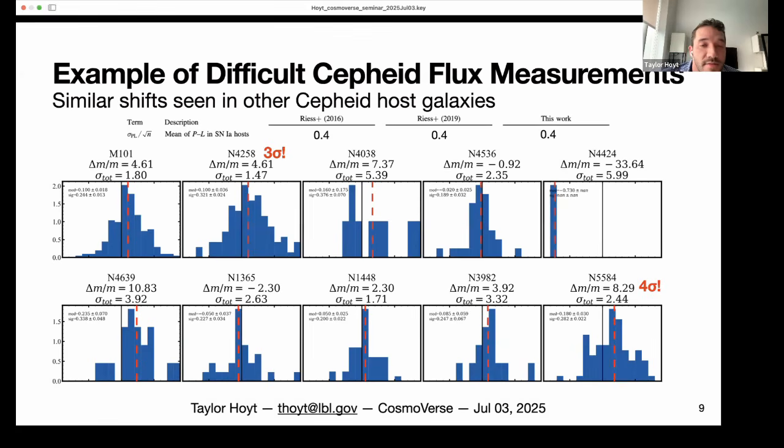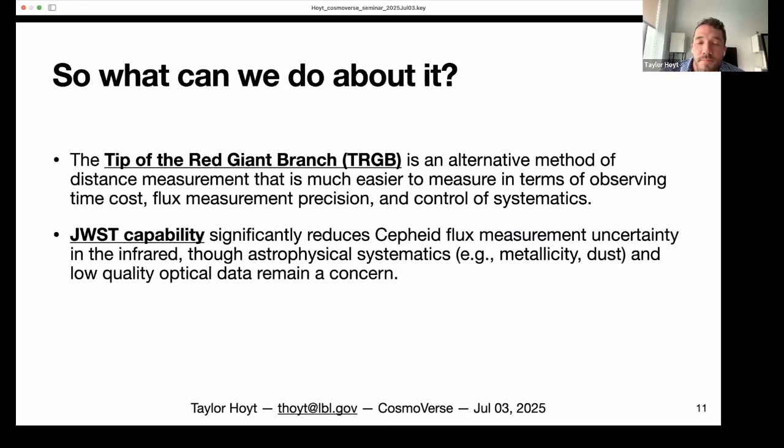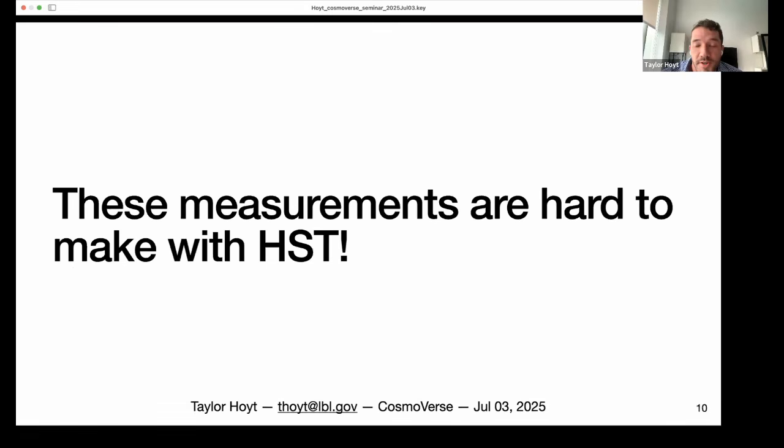Kind of an underestimate actually of the sigma shift, since the bottom is the cumulative uncertainty per galaxy. So you see few to several sigma shifts for several of these that exceed quoted uncertainties. And my point here is that these measurements are just extremely difficult to make with HST.